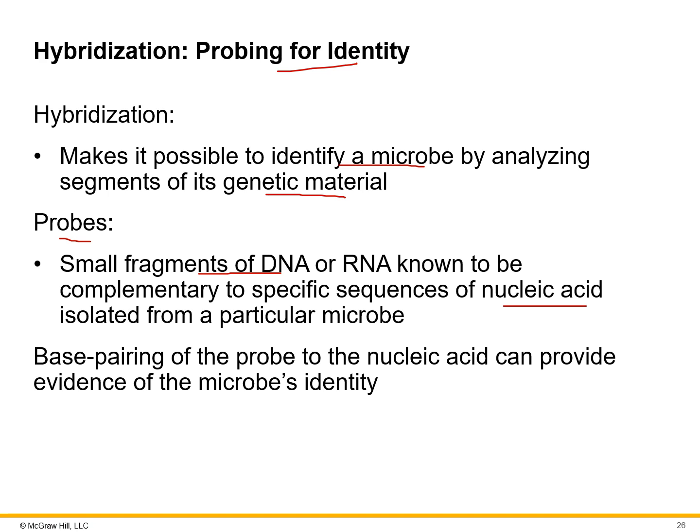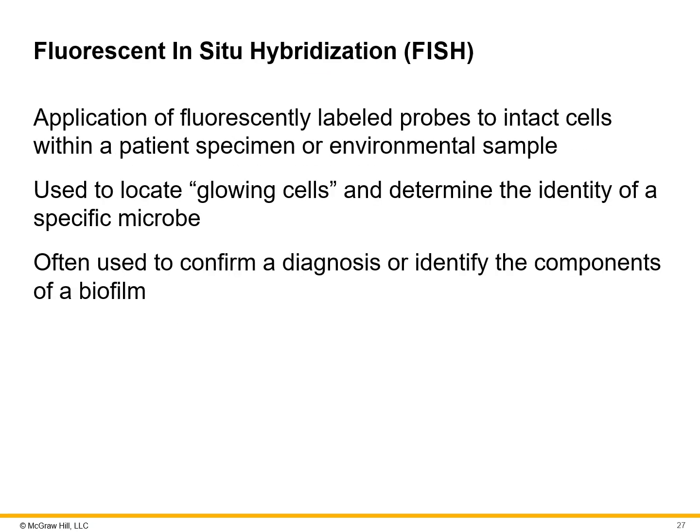So if they bind, just like the antibody, if it binds to a known antigen, we know that it's present. Similar here, it's just looking at DNA or RNA instead of an antigen or an antibody. So the base pairing, like the A to the T or the C to the G, that probe of the nucleic acid, again, provides evidence that the microbe is present.